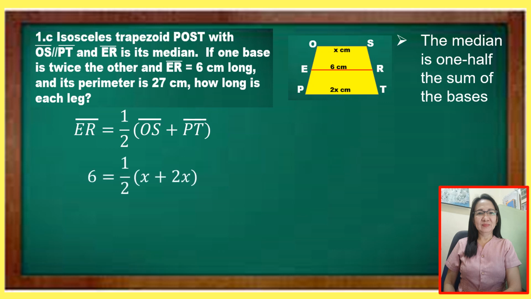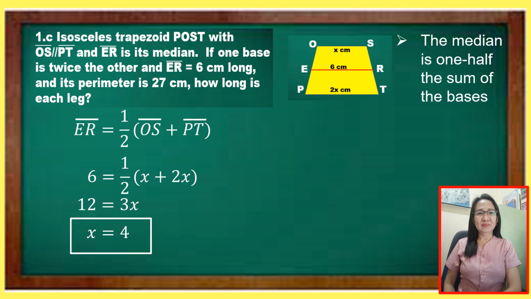By substitution, ER is 6, while OS is x, and PT is 2x. Combining similar terms and multiplying both sides by 2 to eliminate 1/2, this equation is simplified to 12 is equal to 3x. By commutative property and dividing both sides by 3, the value of x is equal to 4.